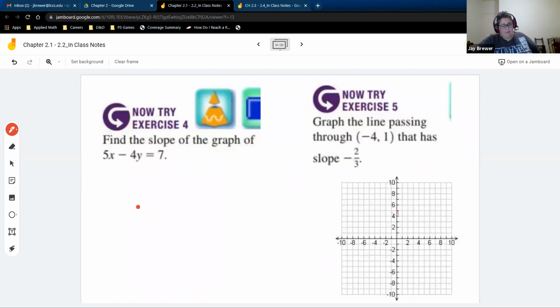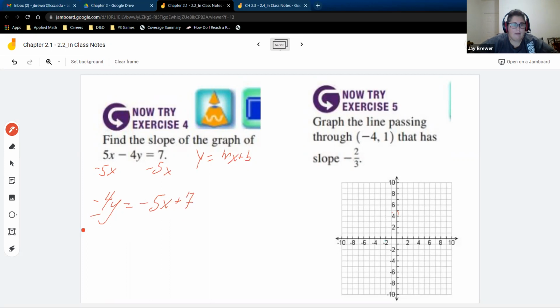All right, so for number 4, we just want to find the slope again. And again, they give it to us in standard form, and we want to put it into y equals mx plus b. So we're going to subtract 5x from both sides. 12 minus 4y equals negative 5x plus 7.